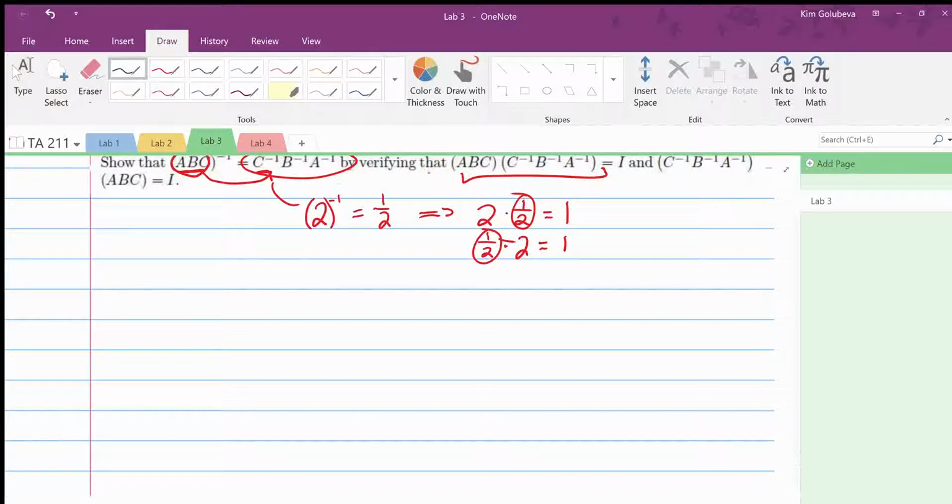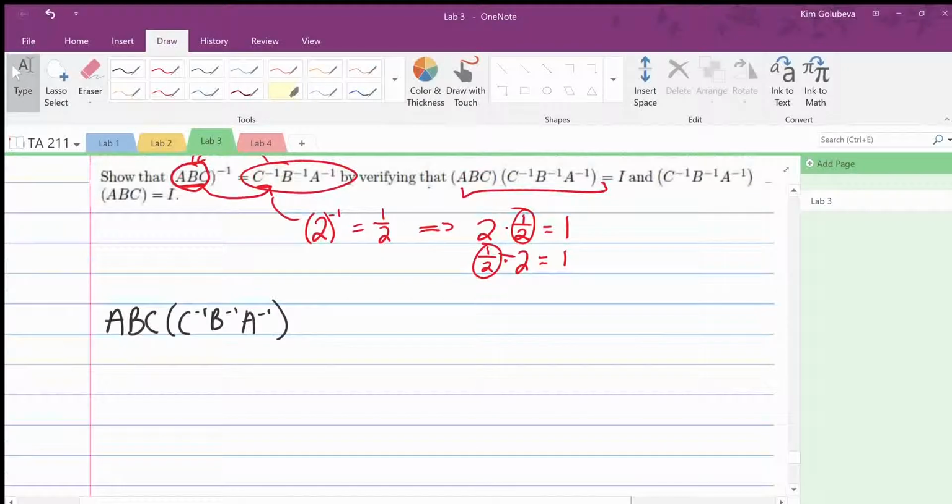So this one, now we have A, B, C, so we have 3 variables, and the same sort of thing holds: associativity. We are allowed to rebracket.